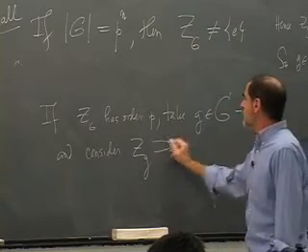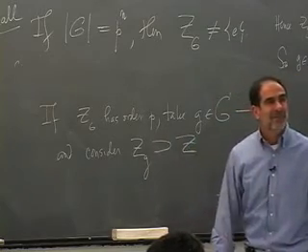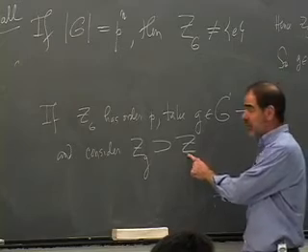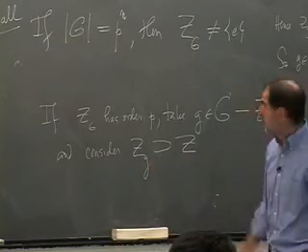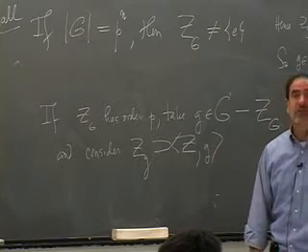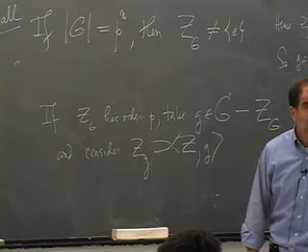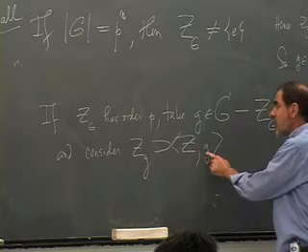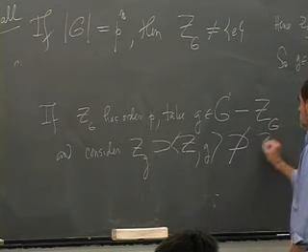Well, that certainly contains the center. This is the stuff that commutes with everything, so it certainly commutes with g. But it also contains the element g, because g commutes with itself. And this group is strictly larger than the center.